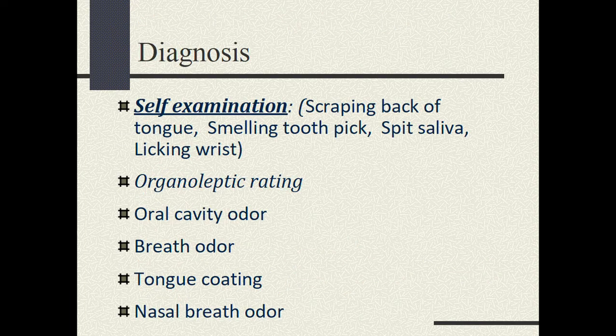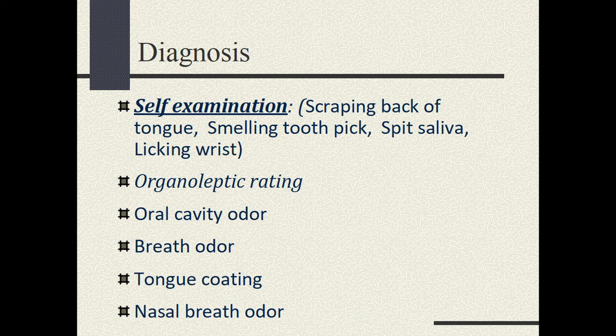Diagnosis: first, self-examination is done by scraping the back of the tongue, smelling the toothpick, spit, saliva and licking the wrist. Next is organoleptic rating. I have included only the main points; I will not be discussing the detail.